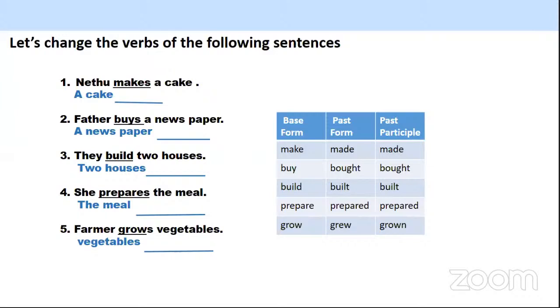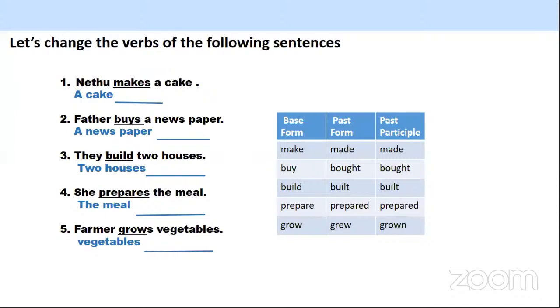And also, look at this table. Base form, past participle. I think this will help you to do this task because I have given you the base form of the verb, past form of the verb, and the past participle form of the verb. I want to stress it.